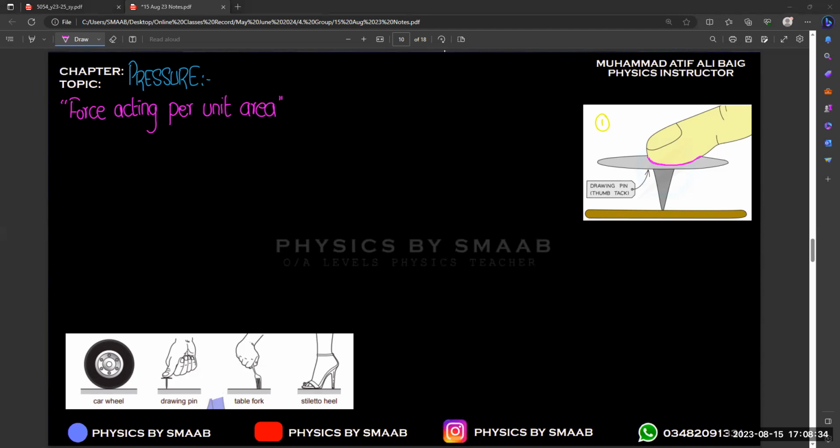Is it per unit surface area? Yes, actually that is per unit surface area. And you just write area because we are not talking about area in much detail. So that's why you just write force per unit area. Very simple, right? Because now we are not going to discuss hydraulic brakes and all those things. So your topic is already very simplified as compared to the previous syllabus pattern.